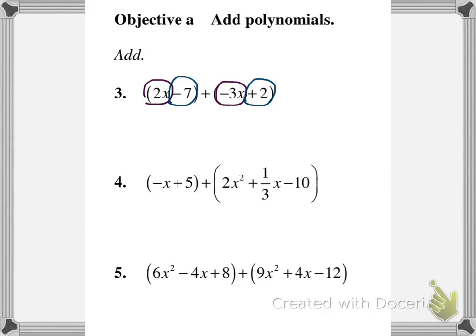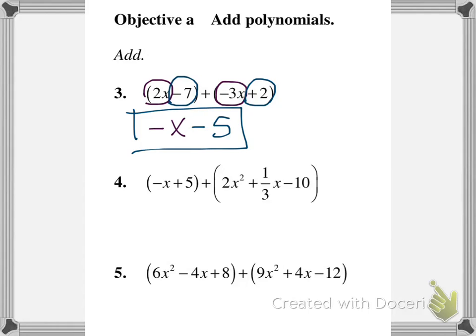The 2x and minus 3x gets me negative 1x, or negative x. And the minus 7 plus the positive 2 would give me a negative 5. And that would be my final answer.